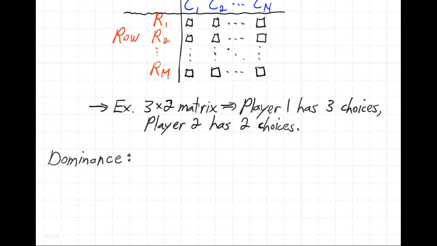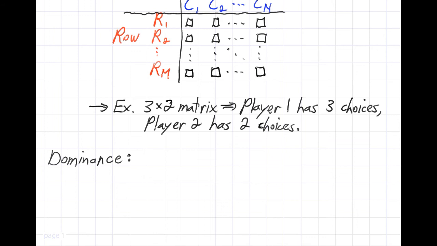And dominance, again, is another solution concept that we'll be talking about. It's a way of reducing the set of all possible outcomes to focus on outcomes that are likely or make sense for rational players to play. So I'll start by giving a little example, and we can see how dominance comes into it.